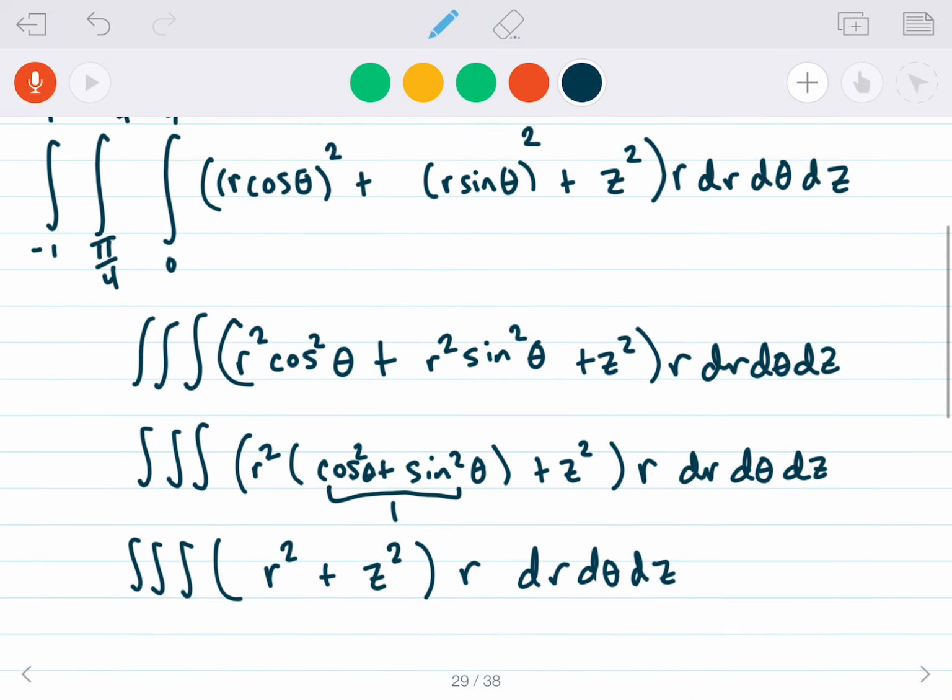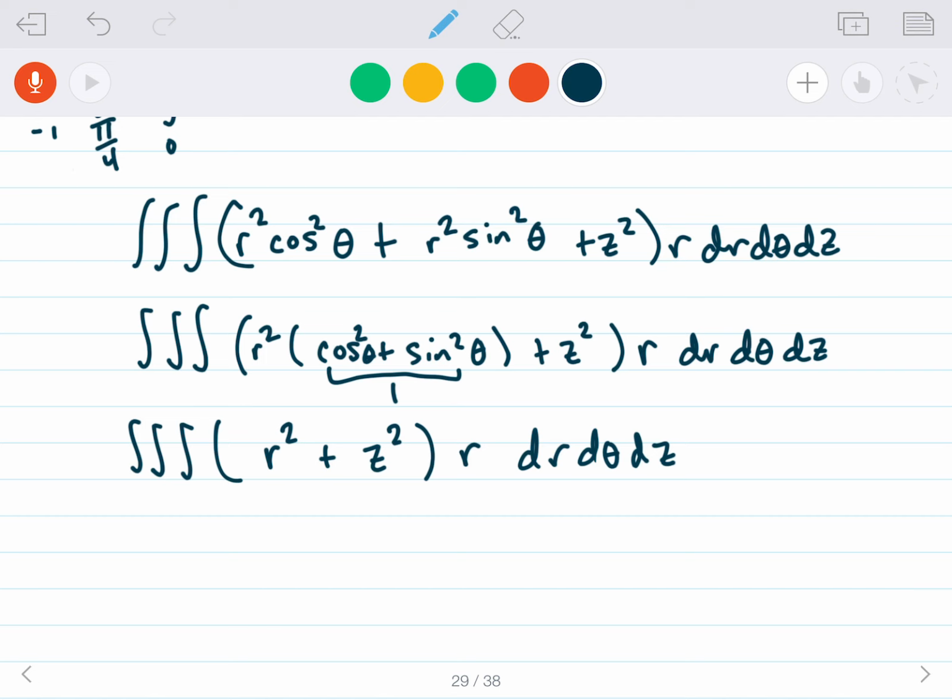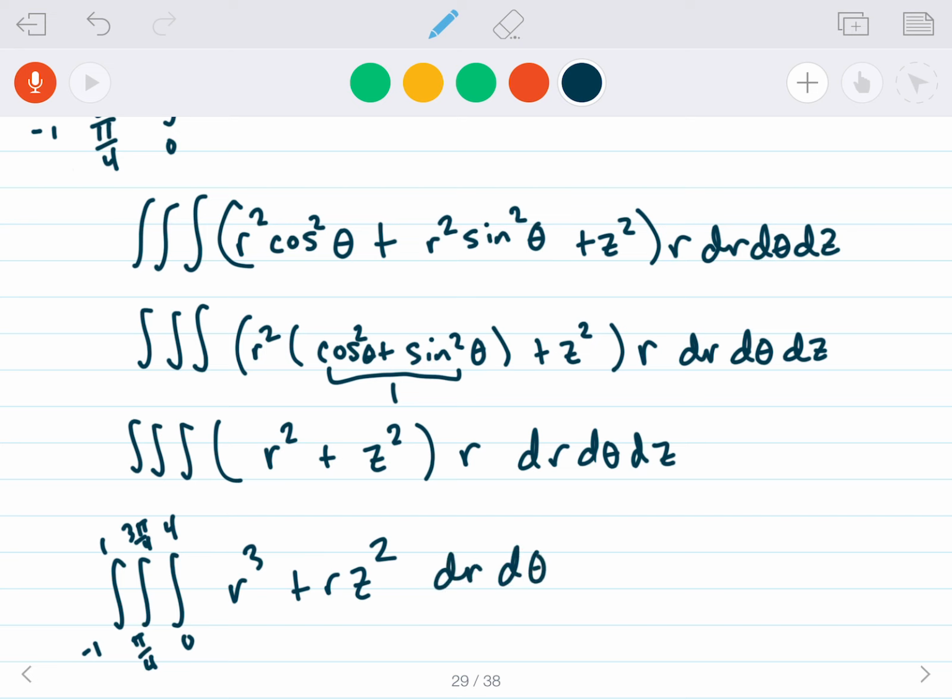Okay, so let's go ahead and distribute the r in there, and then I'll evaluate my triple integral. Pi over 4 to 3 pi over 4, -1 to 1. If I distribute that r in, I get r cubed plus rz squared, dr, d theta, dz.